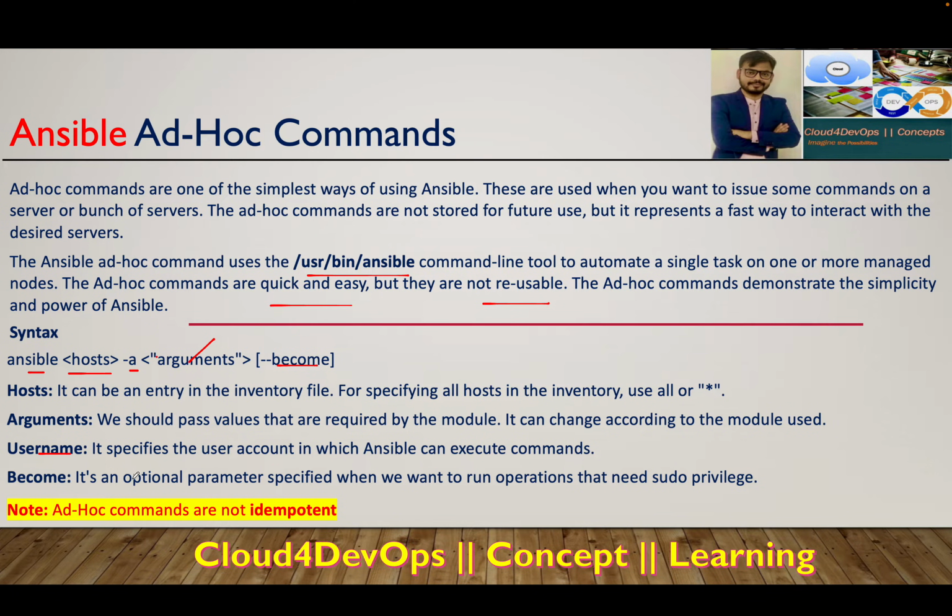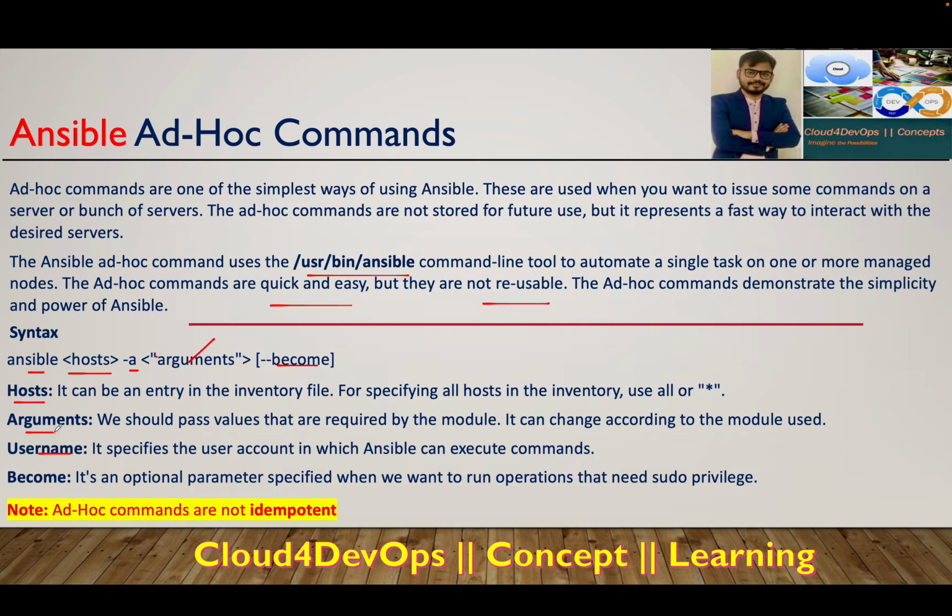So these are what we have to do with the ad hoc commands, and the same description is written over here. Host, as we have done a lot of demos while doing the ping command in our previous lecture. Like web server as a group, within that we have host, application server, then database server. So we have played around with the host as well. Arguments, as I said, you just have to type everything you run in Linux, like yum install httpd.